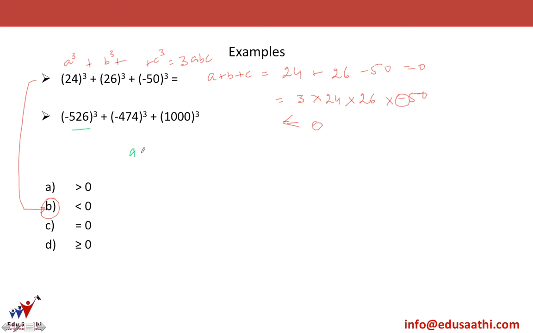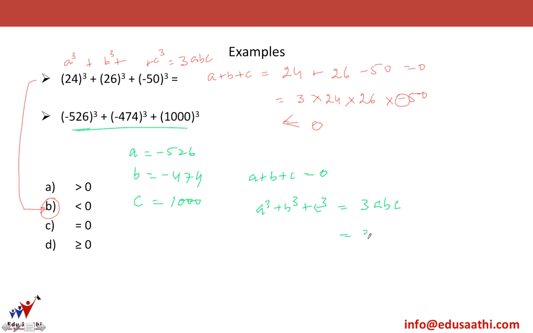Again, I have a as minus 526, I have b as minus 474, and I have c as 1000. If I add a plus b plus c, this will again come out to be 0. So the value of a cube plus b cube plus c cube, which is nothing but the question, is equal to 3abc.